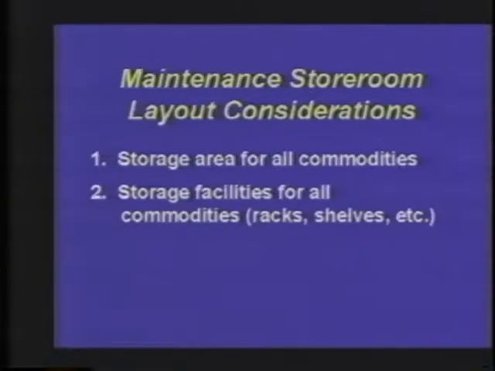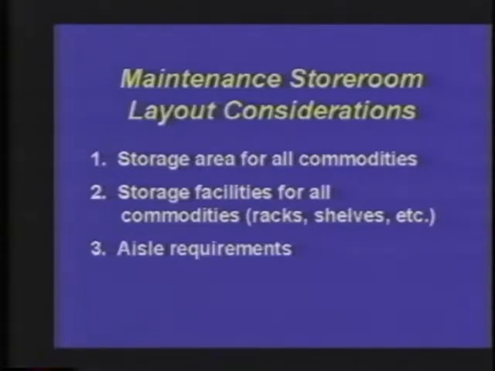The storage facilities, which identifies the racks, the shelving, the cantilevers that are required, the bins, and anything else. And those, if you remember, can be coded, and we could develop the coding system relative to what bin by size number items are going to go into.